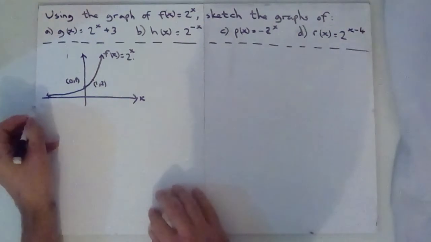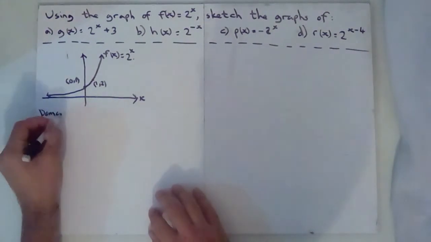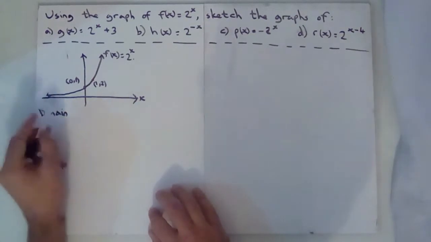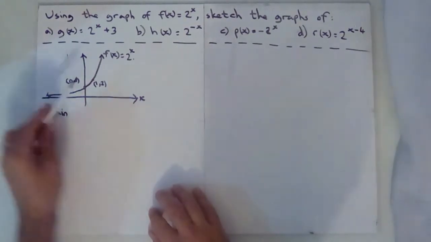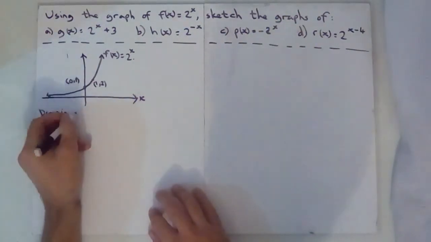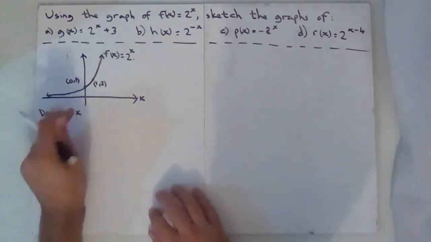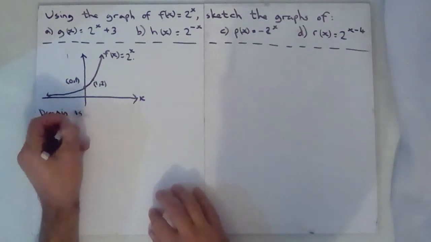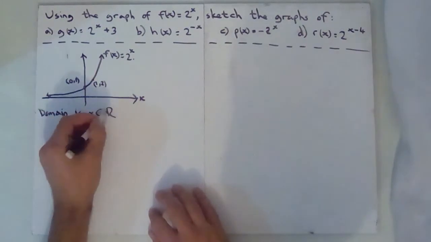So the domain: any real number can go into this. x is going to go all the way to minus infinity that way and infinity that way, so the domain is x, any real number.